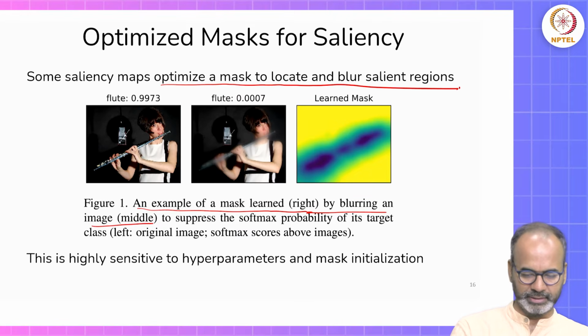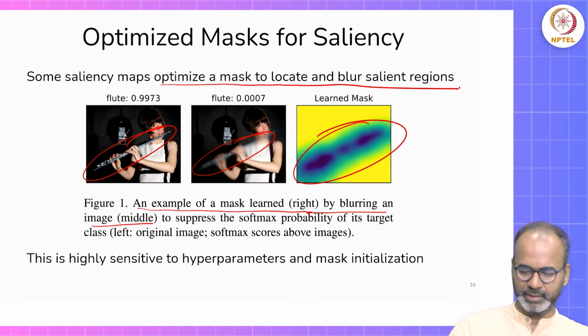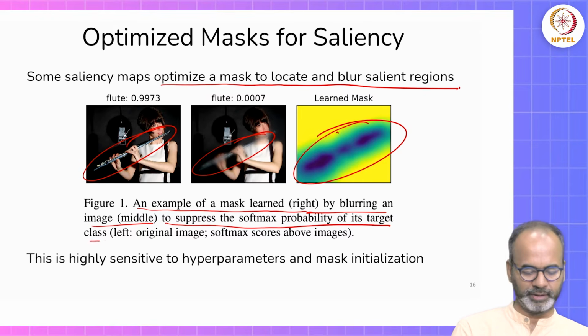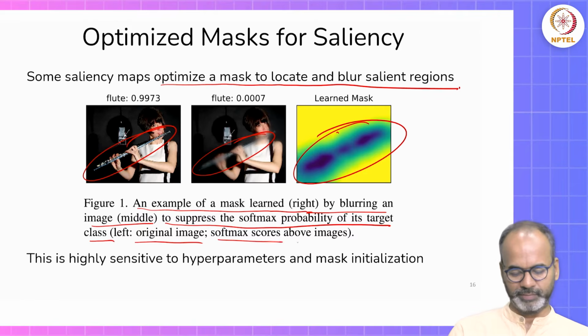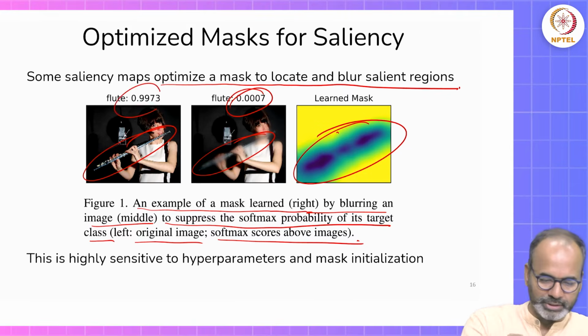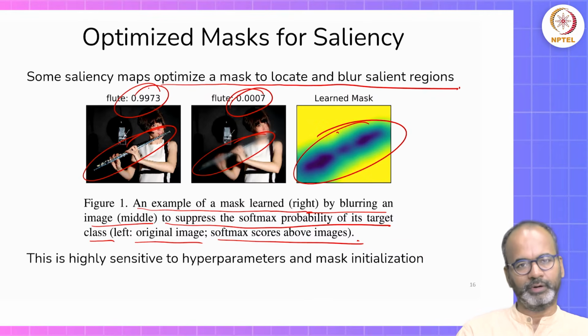This is the image that is getting blurred. Here is an input, and here is a blurred mask that it has learned to suppress the softmax probability of its target class. Left is the original image, with softmax scores. These are the scores given while doing softmax on these images.